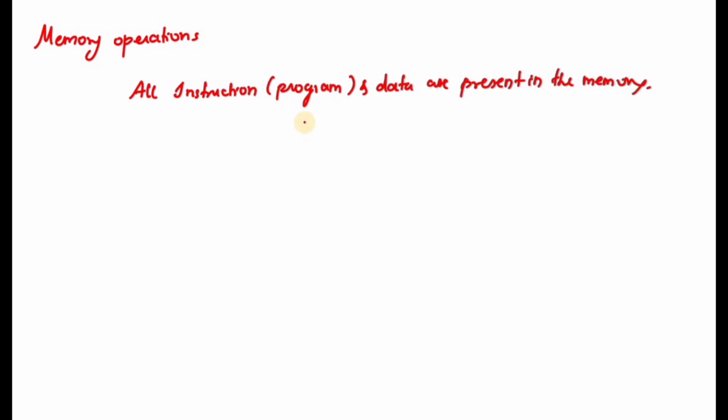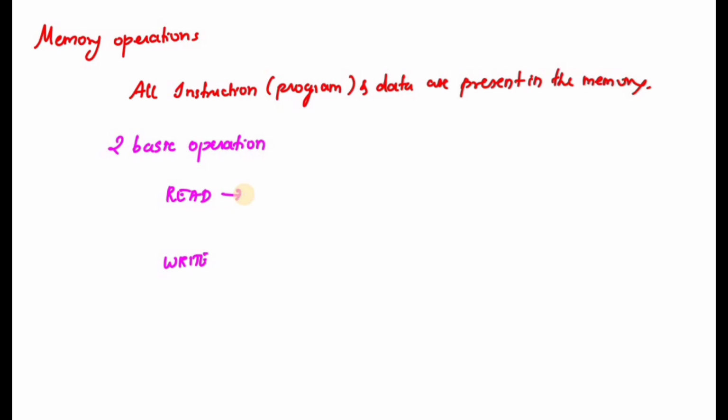This can be done with two basic operations. In order to move the data or results from the memory to the processor, we are using two operations. One is read, the other one is write. These are the two memory operations.